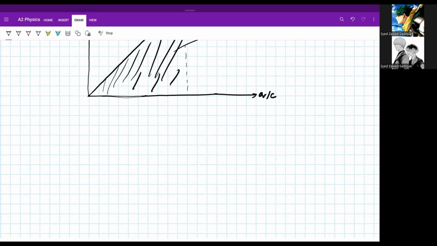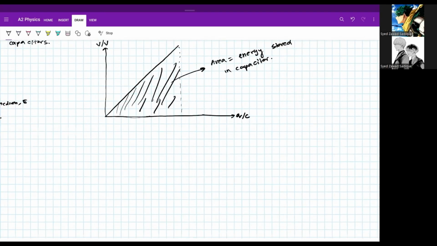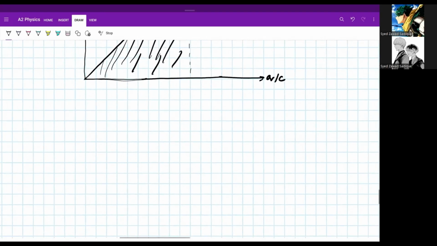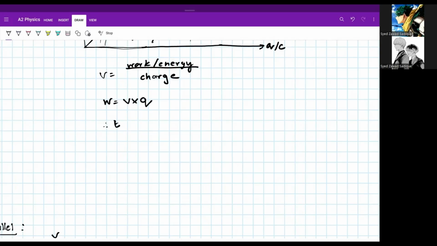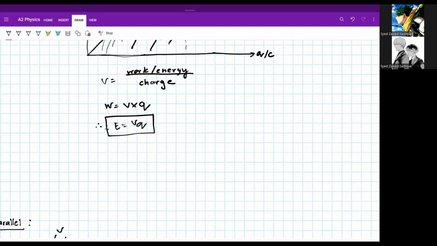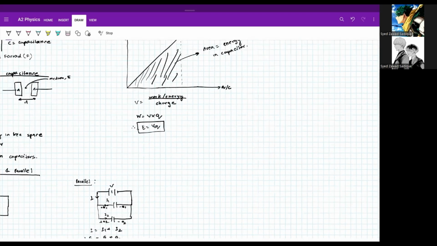So I'll tell you how to work it out with formulas. We know that V is equal to work or energy divided by charge. It's the electric potential. So we can write work is equal to voltage times charge Q. Therefore, energy is equal to VQ.